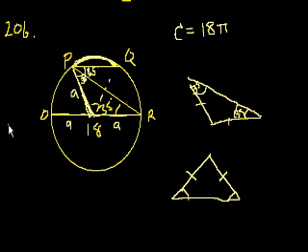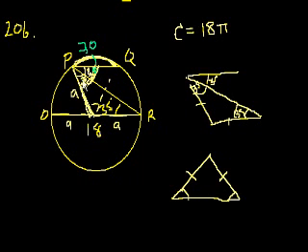Now this is useful, because if this angle is 35 and that angle is 35, what is that entire angle? Let me draw it up here. That's the PQ side. So this is also 35, and this entire angle right here is 35 plus 35, which is 70 degrees.